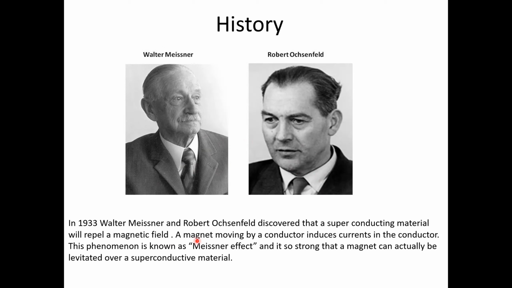So we'll talk about that later. A magnet moving by a conductor induces current in the conductor. This phenomenon is known as the Meissner effect, and it is so strong that a magnet can actually be levitated over a superconductive material. I will show you a video very soon.